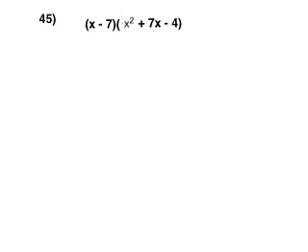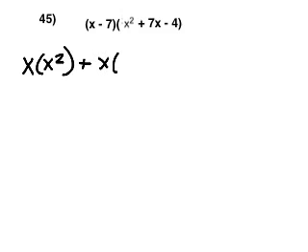So the products we would get out of this, we have x times x squared, plus x times 7x, plus x times a negative 4.